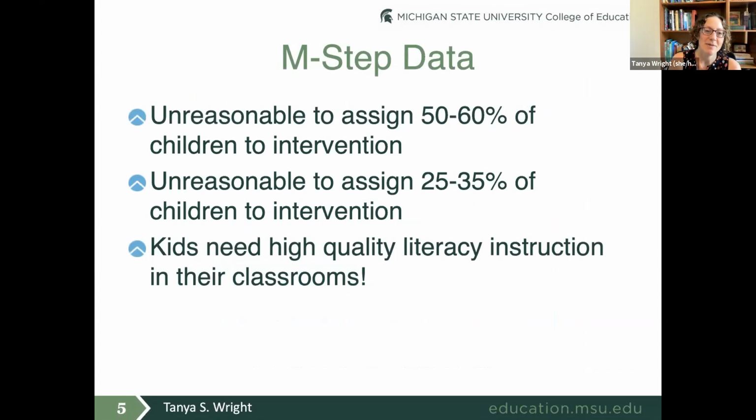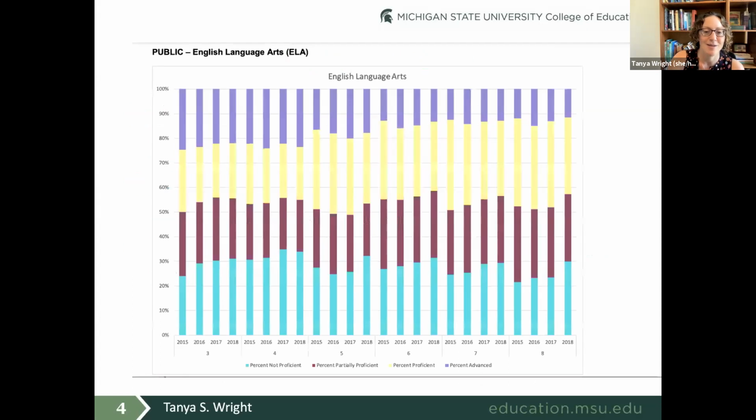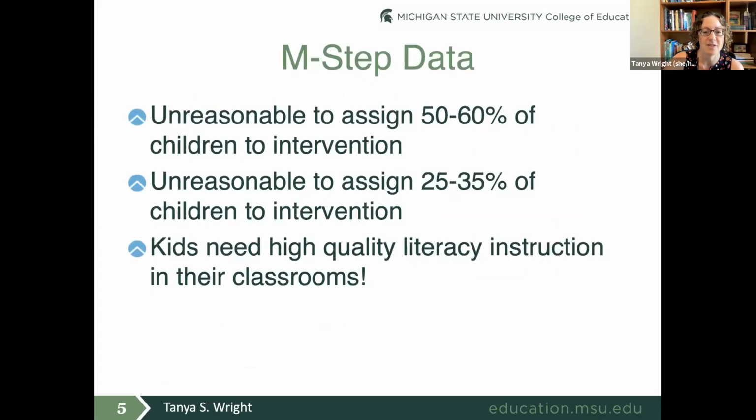Right? We can't do that. What we need is to figure out how to have classroom instruction support many more students to meet grade level standards. And even if we look at the turquoise group at the bottom, 20 to 30% of kids who are not proficient, and we don't include the partially proficient, that's still 25 to 35% of the children.